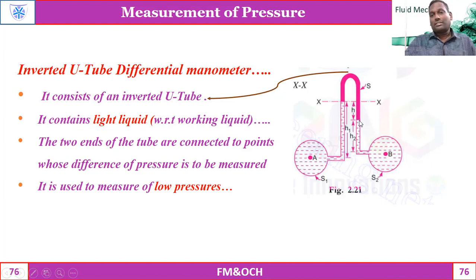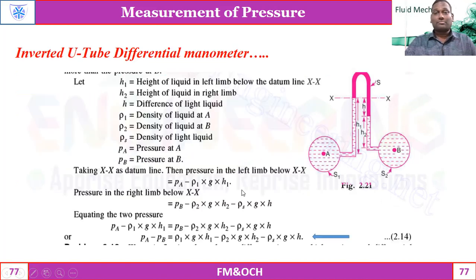Previously in the U-tube differential manometer, the liquid is heavy, but in the inverted U-tube the liquid is very light compared to the working liquid. The two ends of the tube are connected to points whose difference of pressure is to be measured. Generally it is used to measure very low pressures like vacuum pressures.